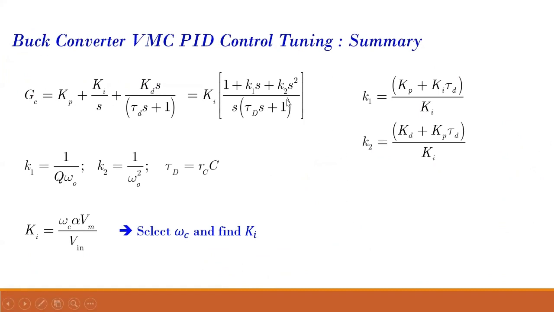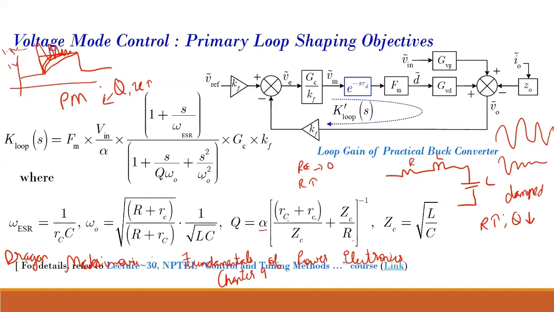So we are using a PID controller. This is the transfer function for the PID controller, and then we write it in this form. We rationalize them. K1, K2, etc. are defined, and tau also is RC. Then you will do pole zero cancellation.